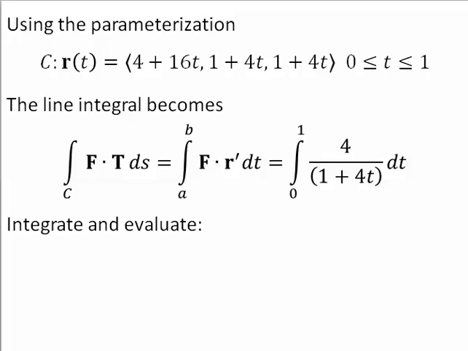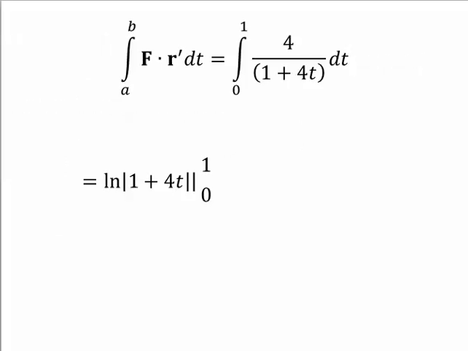So this is, in essence, du over u. And so du over u has an antiderivative of ln of u. So when we go to integrate, we get ln of 1 plus 4t, where t runs from 0 to 1. So evaluate this, and I get log 5 minus log 1. Now log 1 is equal to 0, so my answer is log 5.